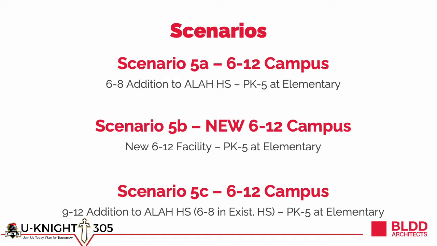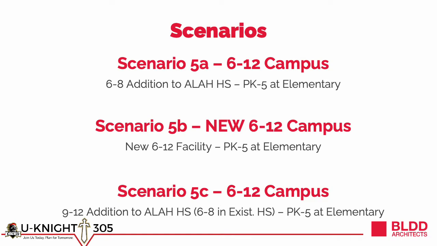Now, following engagement session number 2 and the results outlined previously, we have narrowed our options to 3 6-12 campus scenarios. Scenario 5A does this with an addition of 6-8 addition to the current high school site. Scenario 5B was constructing a completely new 6-12 campus on an unknown site.